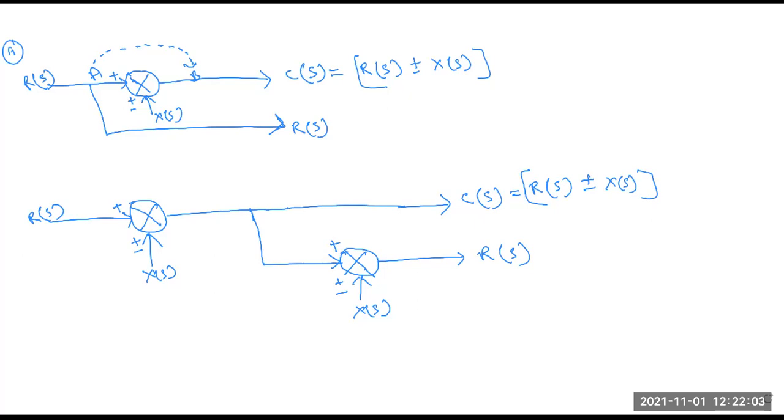So now we can go to the next one. Number 12, shifting a takeoff point from a position after a summing point to a position before the summing point. Okay, that means we have to draw a summing point, then we have to apply here another one, that is R(s).